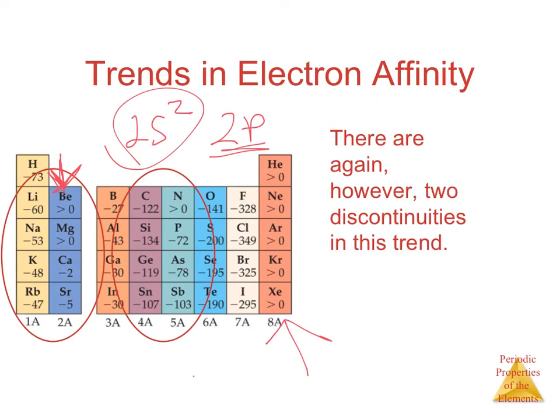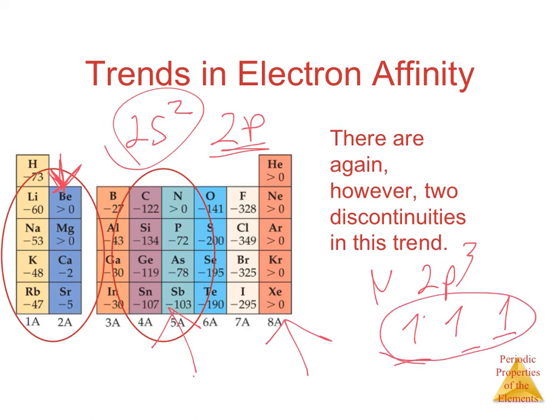The same thing will happen if we think about nitrogen. Nitrogen has a 2p3, so it's got 1, 2, 3. If I add one more electron, I'm going to move away from this fairly stable configuration to one where one orbital is full and the others are half full, which is less stable. We've seen that exception before. So those are the exceptions.